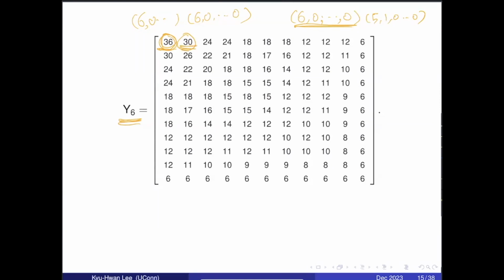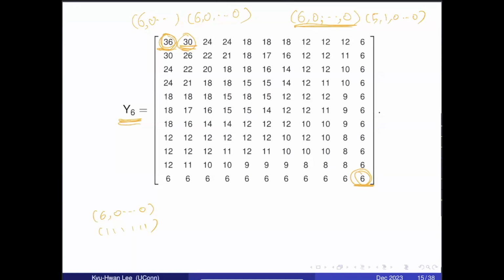But this number is small because it measures the relation between 6 0 0 0 0 and 1 1 1 1 1. The inner product is small because in some sense they are different. Anyway, that's the similitude matrix.